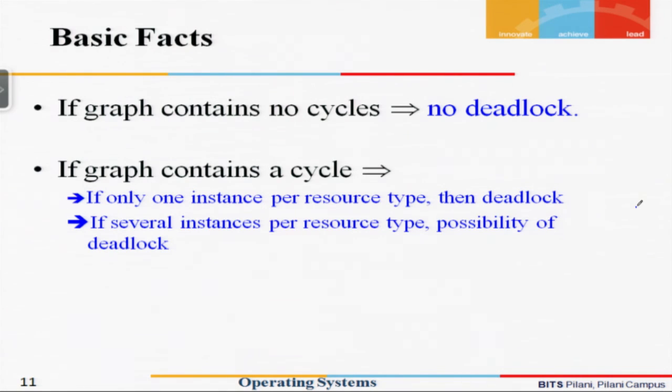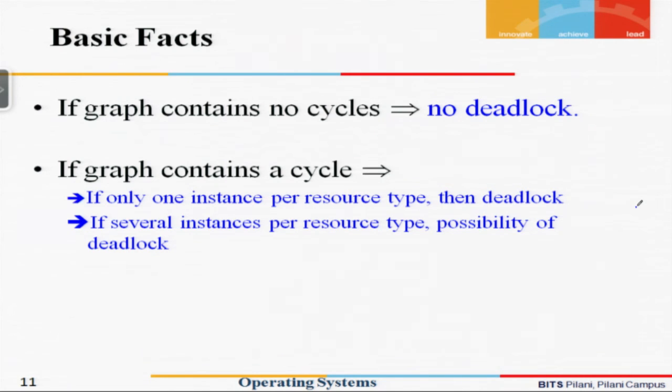Actually, of the 4 conditions which we have specified for the occurrence of a deadlock, one of the conditions is circular wait, and the cycle in a graph depicts the circular wait. So, if there is no cycle, then deadlock would not occur. That is, there would be no circular wait, and that essentially means that there would be no deadlock.